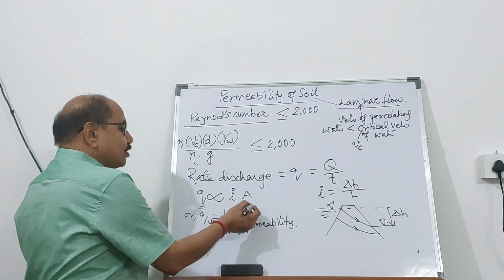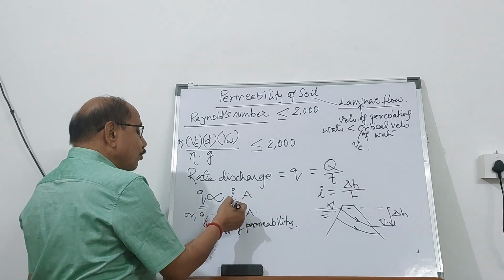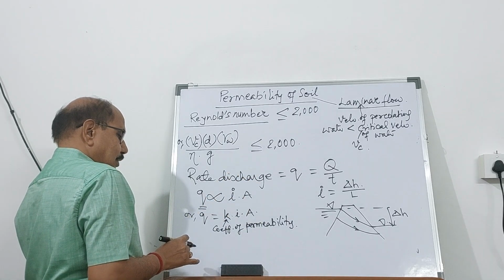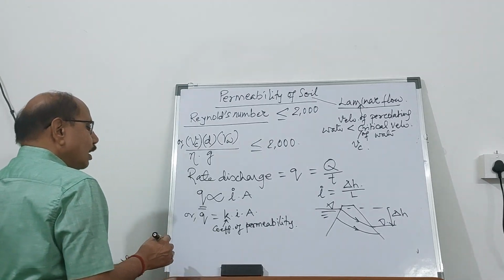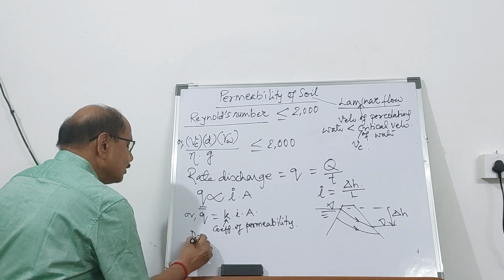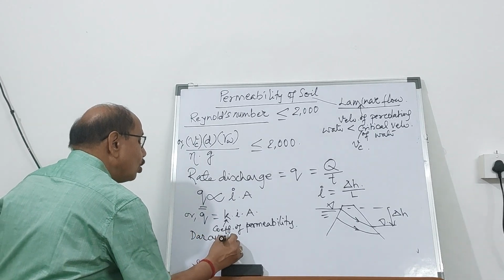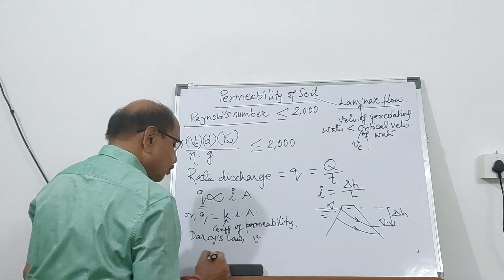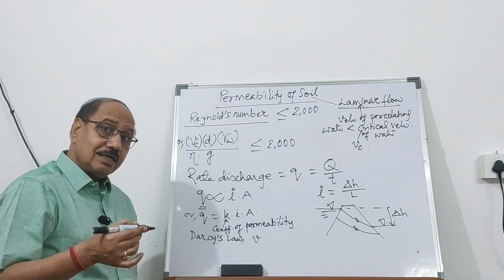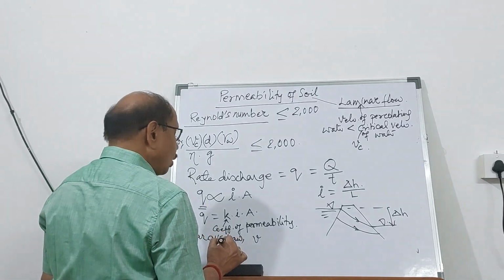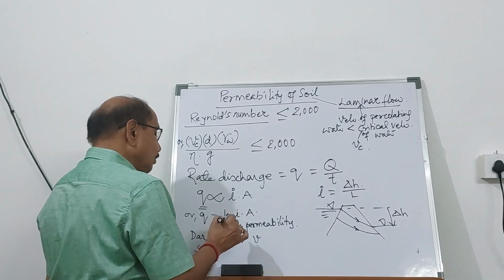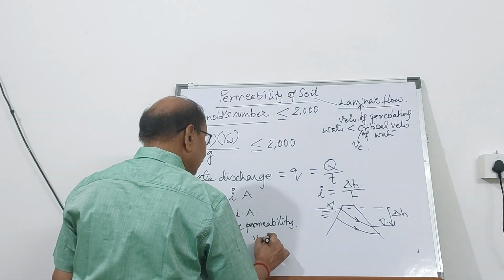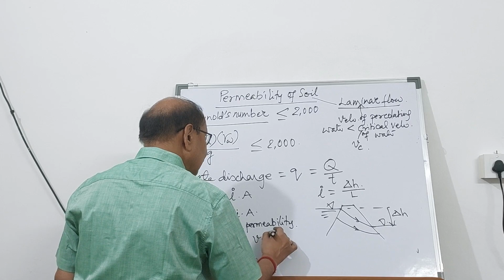So for any cross-sectional area and for any given head, Darcy gave it, known as Darcy's famous law, that the velocity of percolating fluid for laminar condition, not for turbulent condition, is directly proportional to hydraulic gradient.